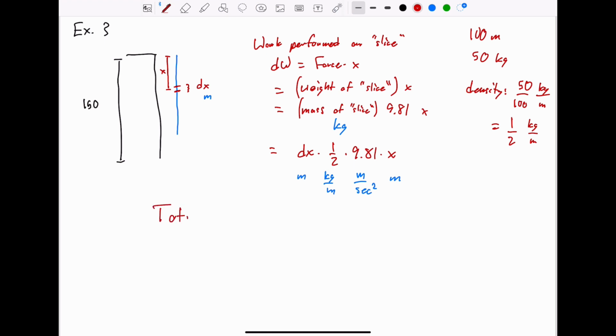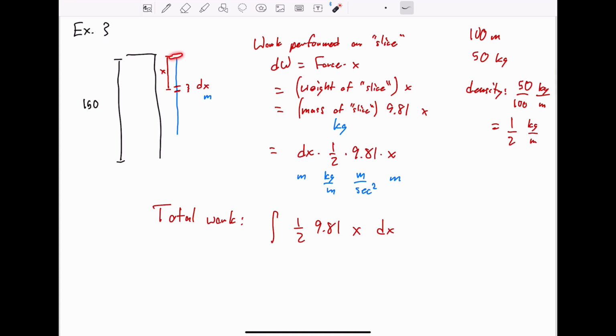So to find the total amount of work, we integrate the expression dW. So we are integrating 1/2 times 9.81 times x, and we'll put the dx here at the end. We integrate for the entire length of chain. So x is the distance from the top of the building.